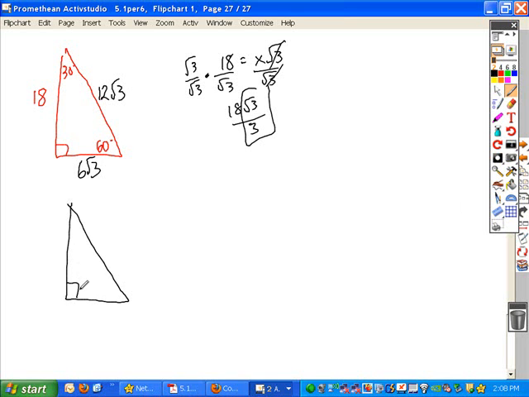Okay, so once again, that pattern can be applied to answer questions very quickly. So if I give you the side opposite 60 degrees as 12, what does that mean the side opposite the 30 degree angle is? No, careful. Divide by 3, multiply by root 3, and then the hypotenuse would be double that, or 8 root 3.